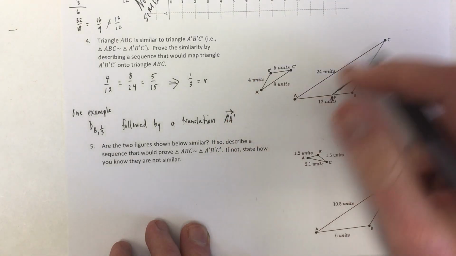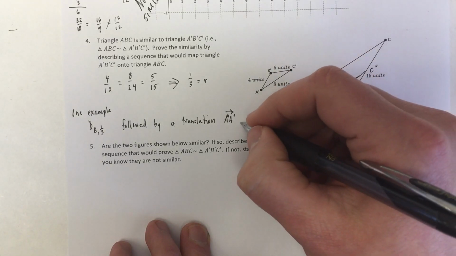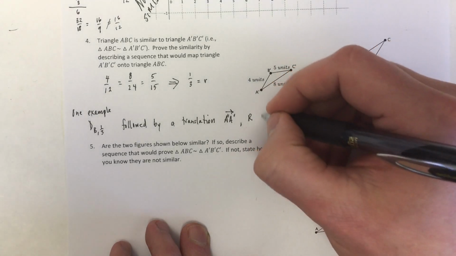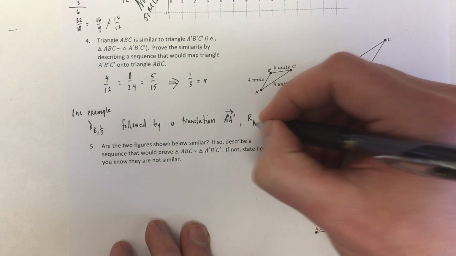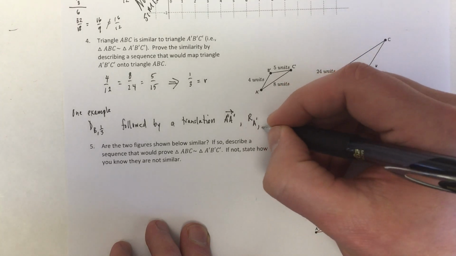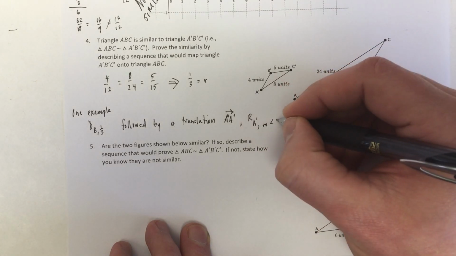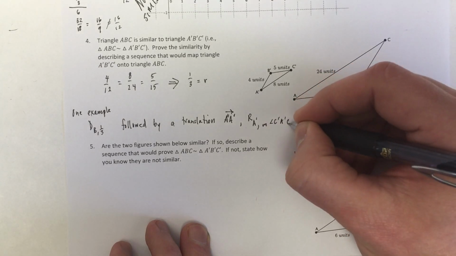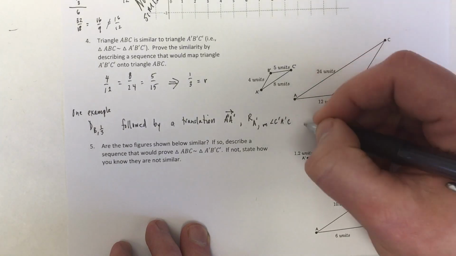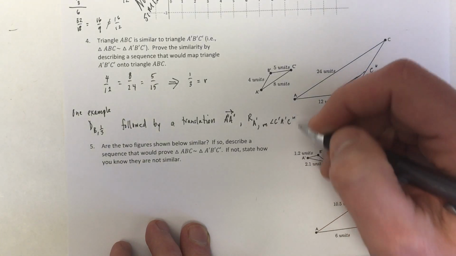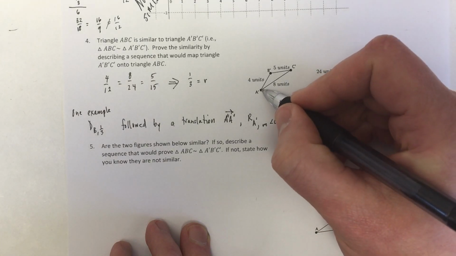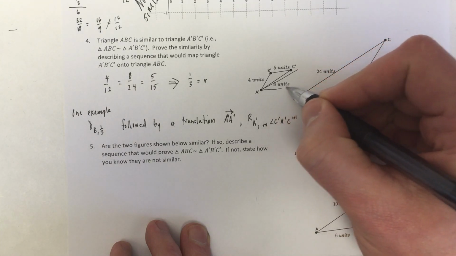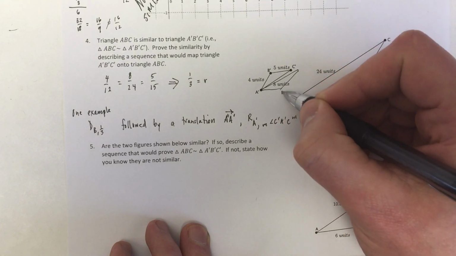These actually look parallel, so I might not have to rotate this, but just in case they're not, so we rotate about A prime, a measure of C prime, A prime, C triple prime, because it would look something like this.